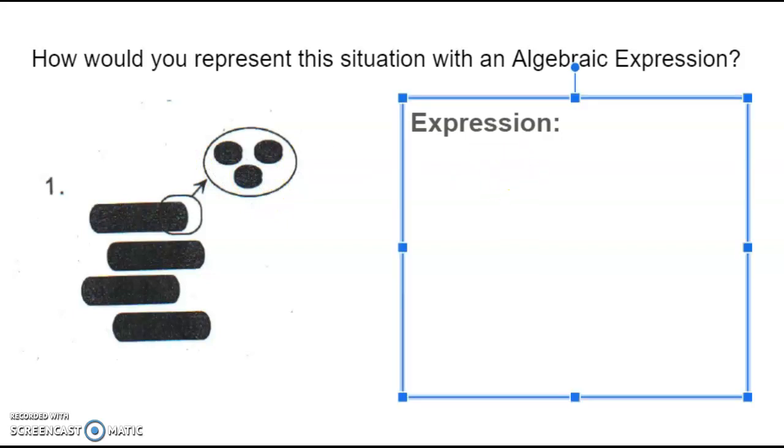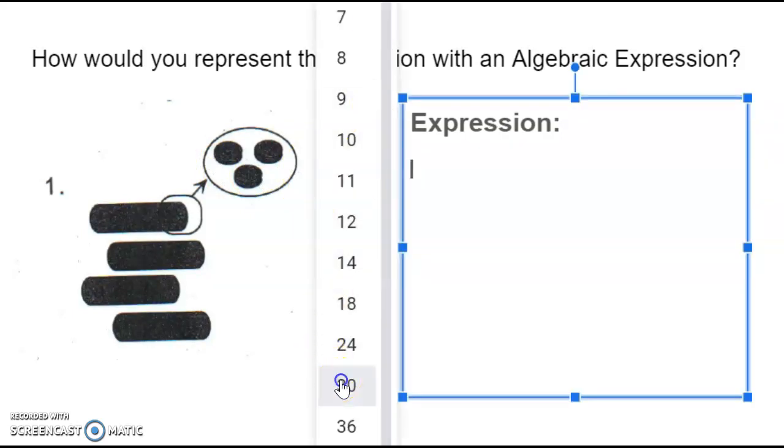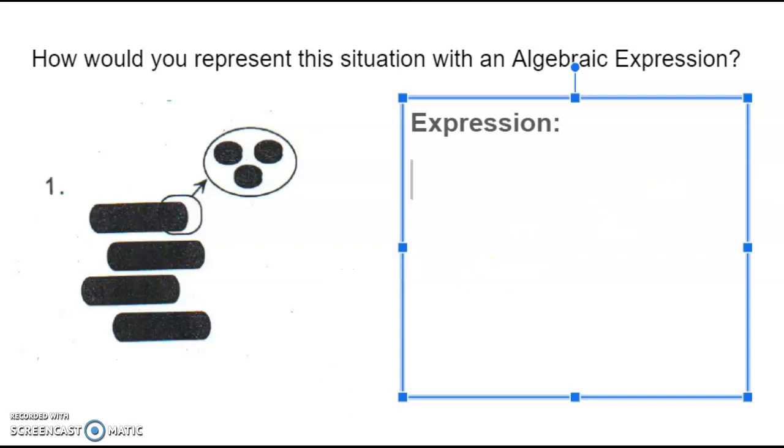So when I go to write my expression for this, I'm going to make it a little bit bigger, I know I have 4R for the 4 rolls of candy, minus those 3 pieces that are missing. So we would have 4 full rolls, except we're missing 3 pieces.